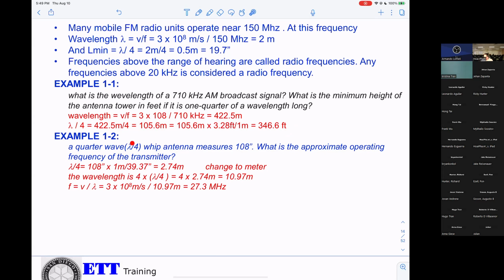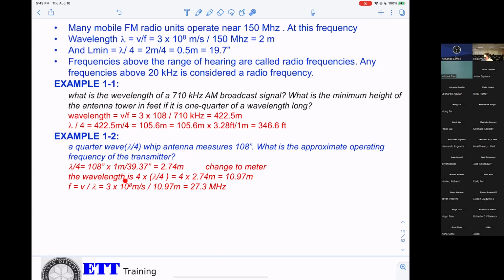Next example, a quarter-wave antenna, lambda divided by 4, with an antenna measuring 108 inches. What is the approximate operating frequency of the transmitter? Basically you take lambda divided by 4, which gives you 2.74 meters.